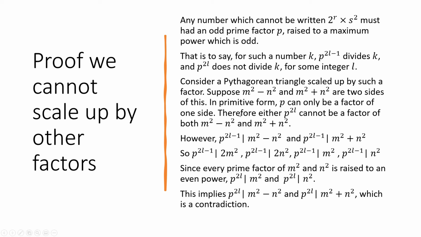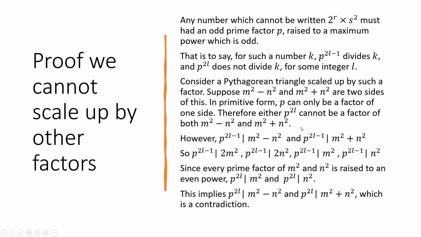So therefore when we scaled up by a factor of p to the 2l minus 1, p to the 2l can only be a factor of one or other. So p to the 2l minus 1 is a factor of both this and this, but p to the power of 2l is a factor of at most one of those two, cannot be a factor of both of them.